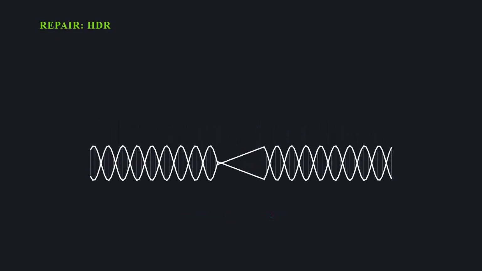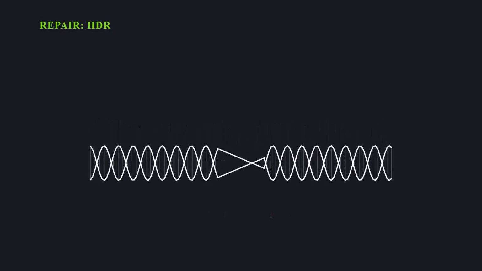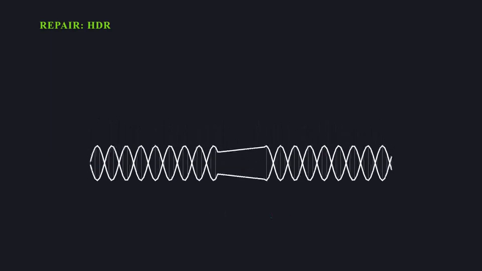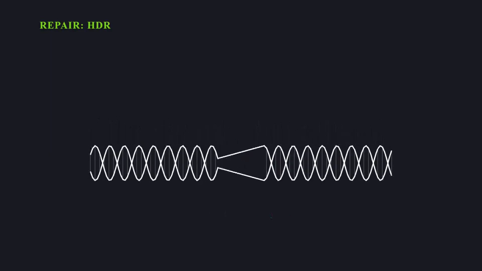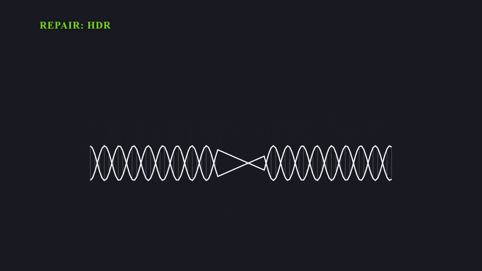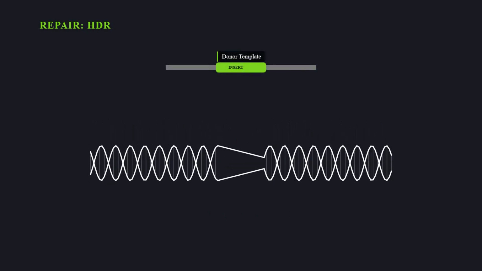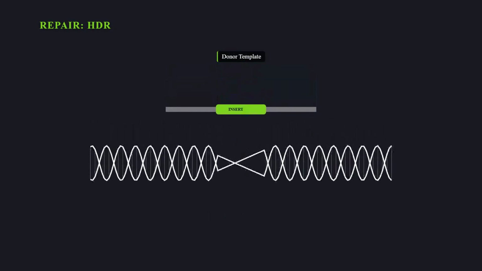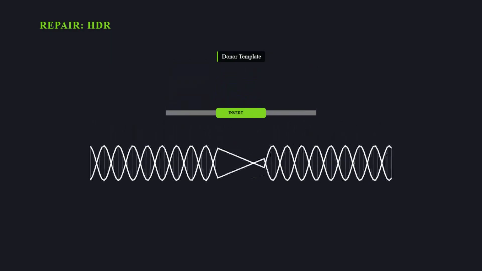For achieving precise gene editing, the homology-directed repair pathway, or HDR, must be utilized. Homology-directed repair is active predominantly during the S and G2 phases of the cell cycle when a sister chromatid is available. This pathway requires the introduction of an exogenous DNA template, known as the donor template.